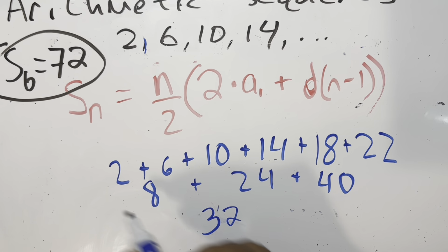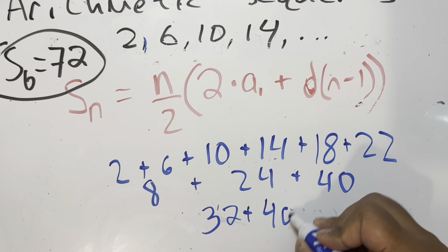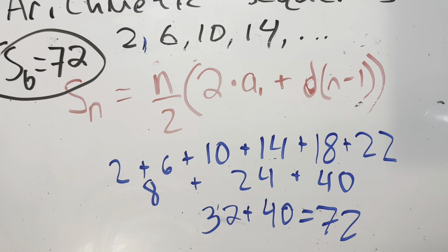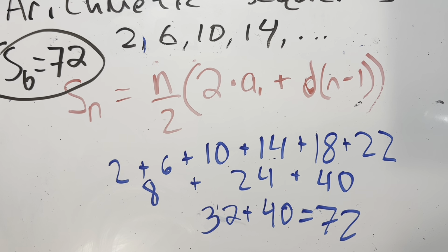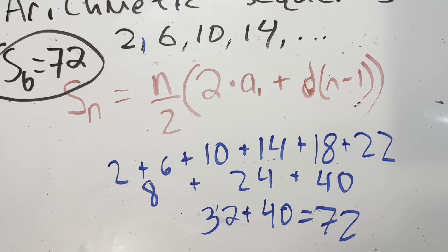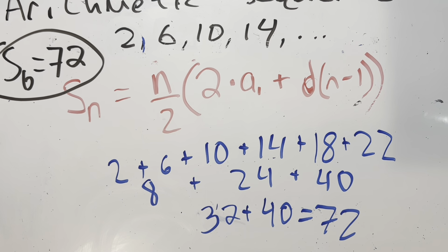I'm getting excited to show you that it's 72. 32 plus 40, which is 72, which is exactly the answer we got with the formula. So the formula, as you can see, works for any term, not just a small number, like sum of 6. It could work for sum of 100.